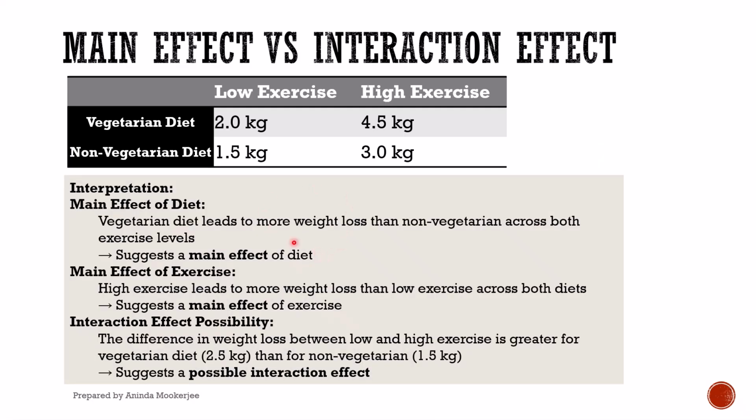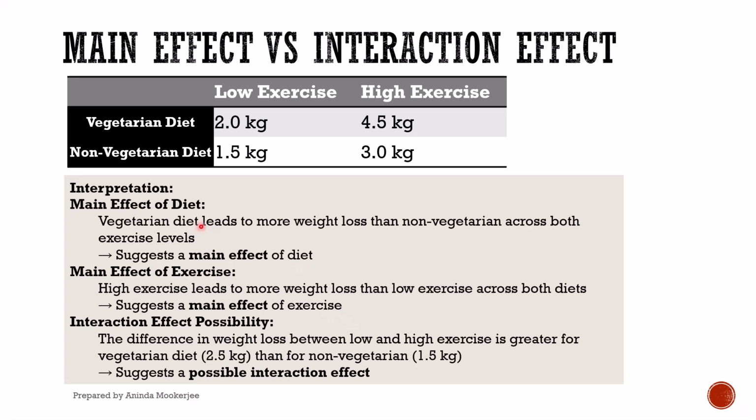Therefore, let's summarize what we learned about finding the main effect of the different factors as well as the interaction effect. So based on this table over here, we first considered the main effect of diet, which was factor A, and we found that vegetarian diet leads to more weight loss than non-vegetarian diet across both exercise levels.